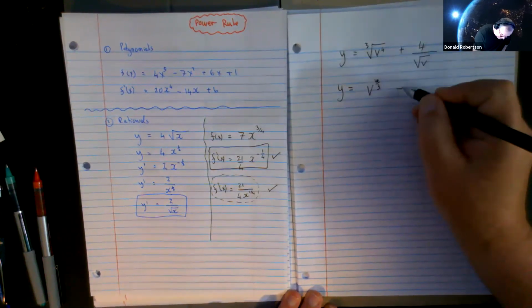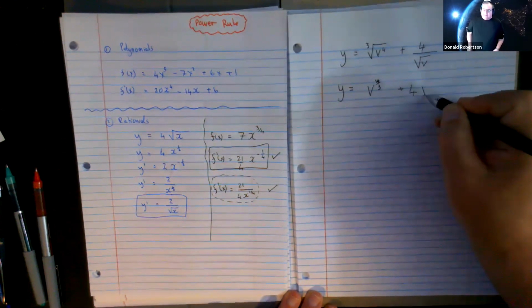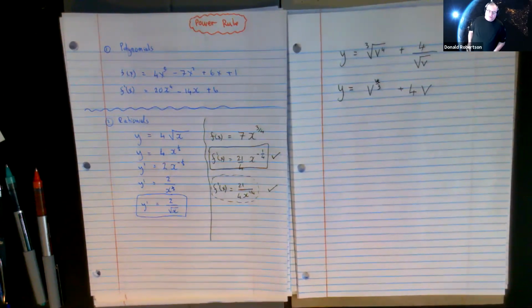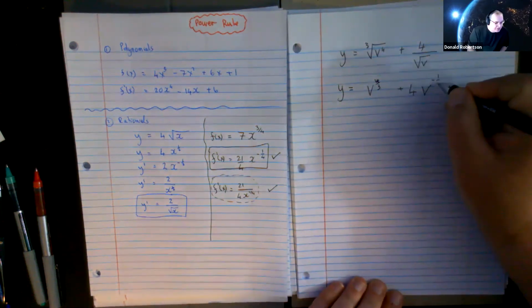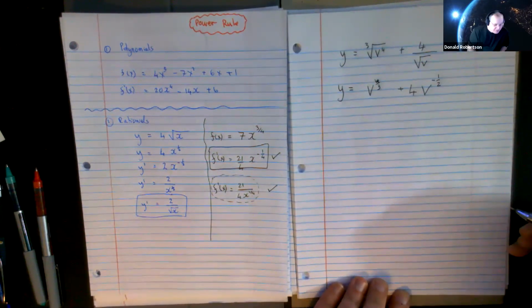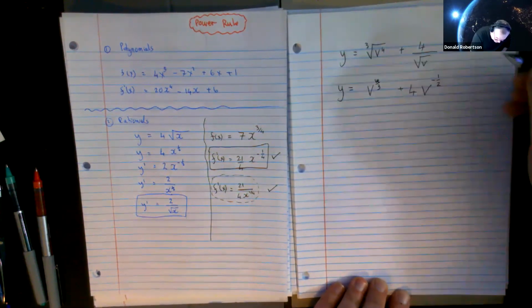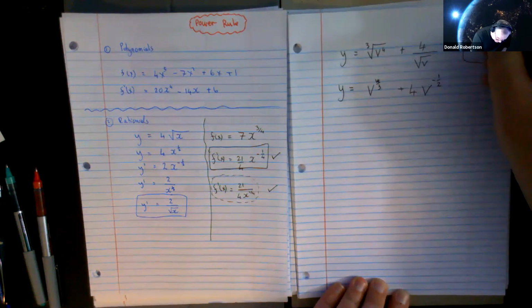Now, this one here might tax you. 4 over the square root of v is a fractional power. It's a negative fractional power. What is it? 1/2. And that version of 1/2, right? -1/2. If you want to see what that might look like, this is what I'm doing.